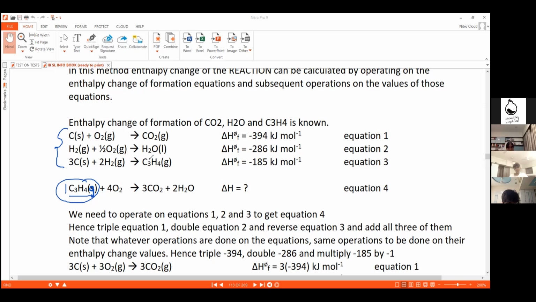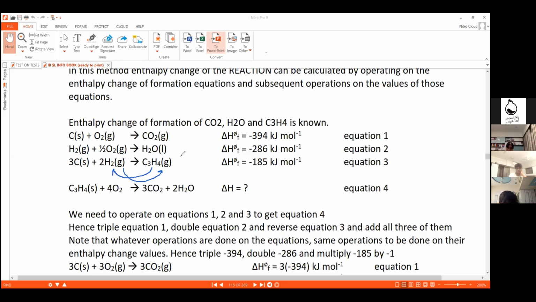No. So I have 1 mole of propyne here, the number of moles is correct, but it's on the wrong side, which means I need to shift it to the left hand side as required by the equation. So what I will do is switch the products and the reactants, which means I'm inverting the entire reaction.